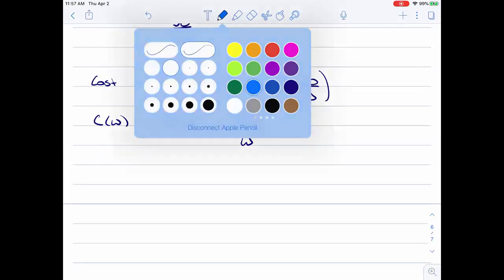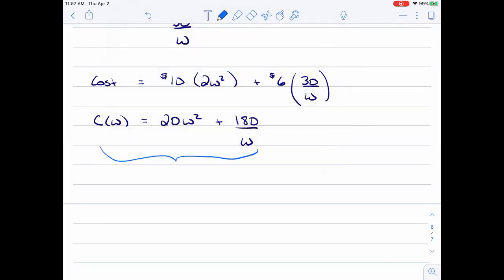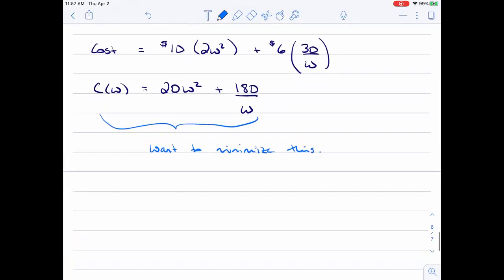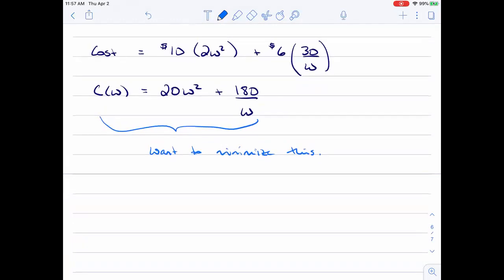And we want to minimize this. I don't have a closed interval, otherwise that would be my go-to.